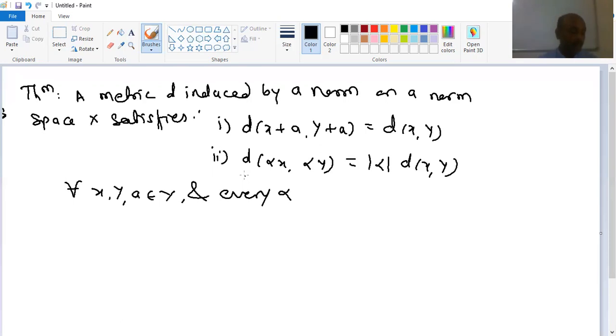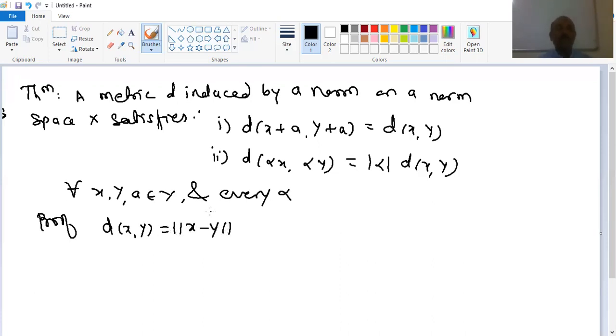Here the proof is very trivial, very easy. A metric d induced by a norm, that we have already proved in a previous theorem, previous example. What is that? d of x, y is equal to norm of x minus y.